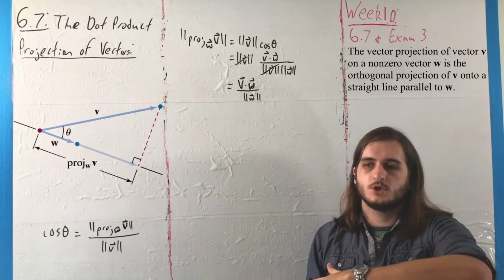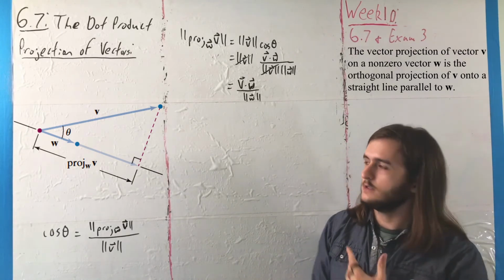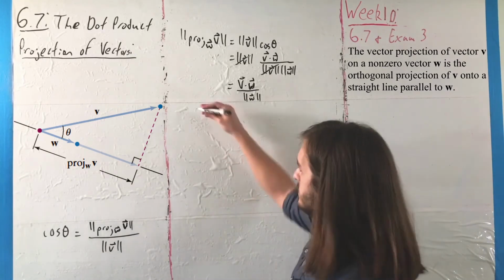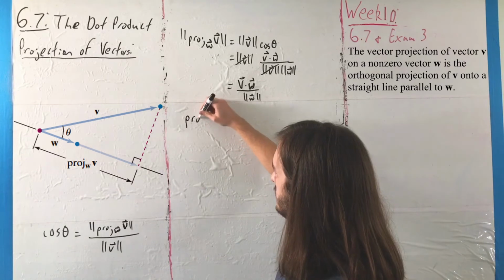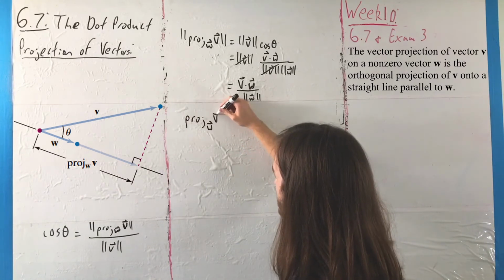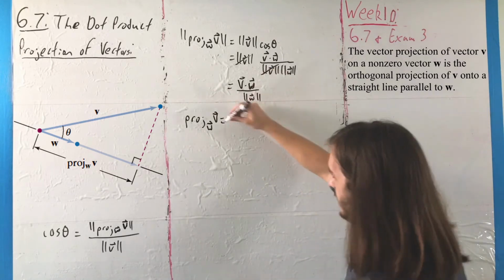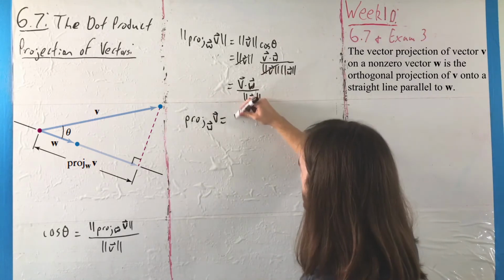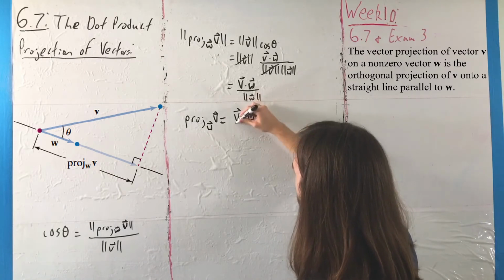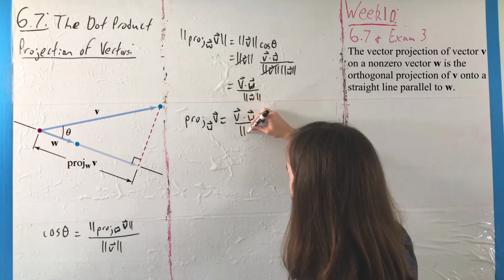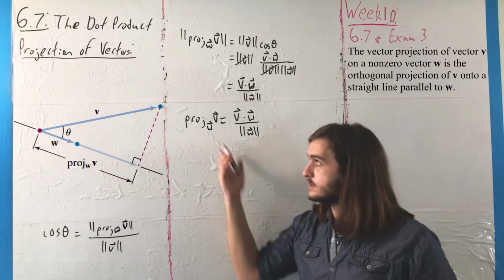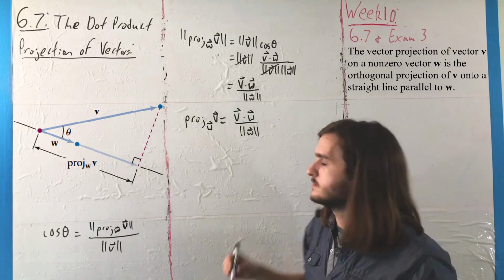And if we want to capture that direction as well as the magnitude, that is, describe the projection of V onto W, we just need to get the magnitude of that projection, which is V dot W divided by the magnitude of W, times the direction that the projection goes in.